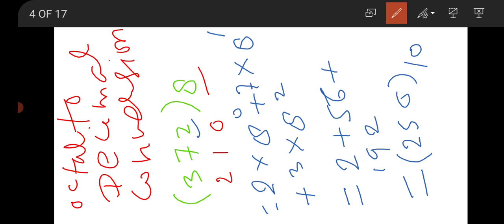Now our next conversion is octal to binary conversion.